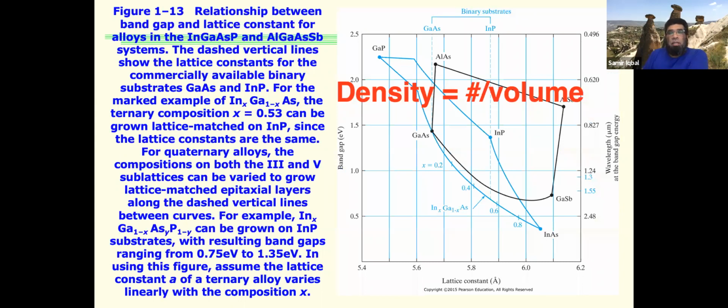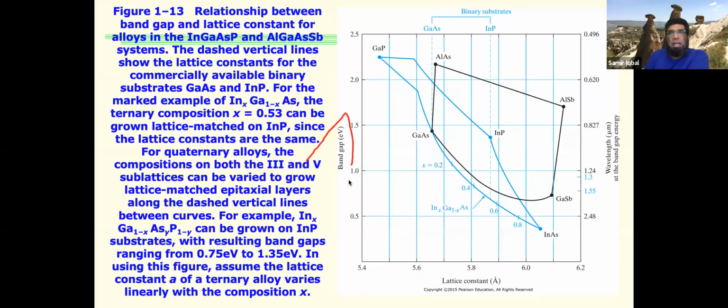Now, what is shown here on y-axis is something which defines solid state devices, which defines band gap. So we have a thing called band gap. We haven't talked about it yet, but I just want you to trust me that the band gap is basically the energy difference between valence band at bottom and conduction band at the top.